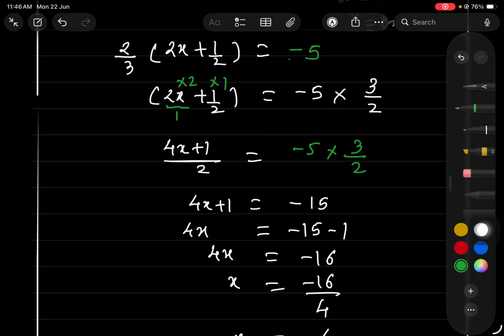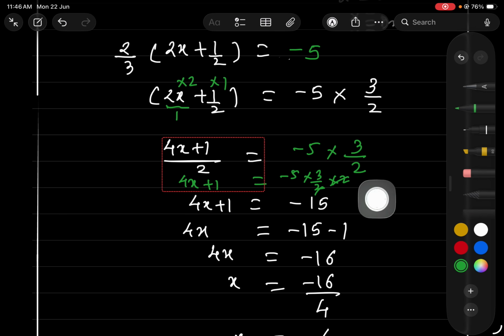4x plus 1 equal to, here upon 2 is there, transposing this side, so it will multiply. So minus 5 into 3 upon 2 into 2, so 2 ones are 2. Then here minus 5 into 3, so minus 15. 4x plus 1 equal to minus 15.